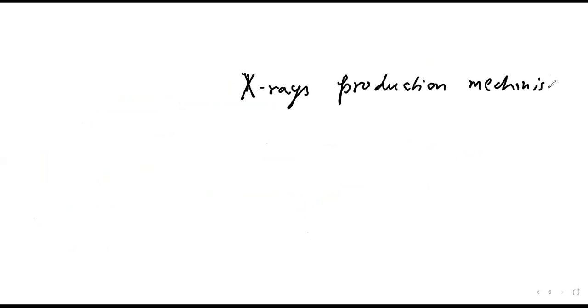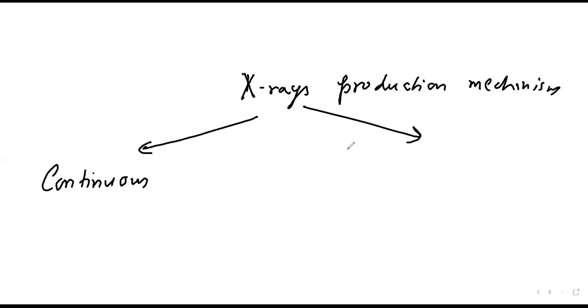X-rays have a production mechanism. There are two mechanisms by which X-rays may be produced. One is called continuous X-rays, and another is called characteristic X-rays.